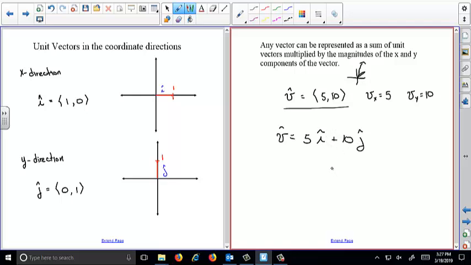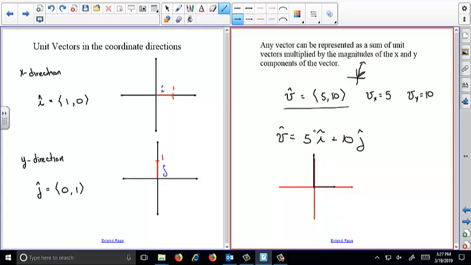What's different about this representation is that this represents a vector, whereas these represent distances, coordinates. And so we have a vector in the x direction 5 units long, and a vector in the y direction 10 units long.